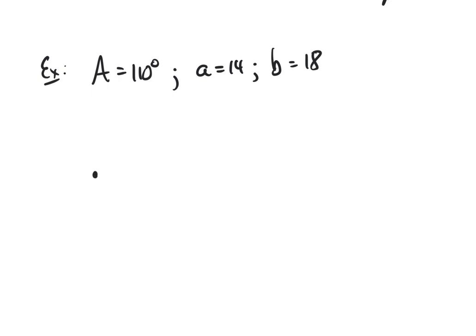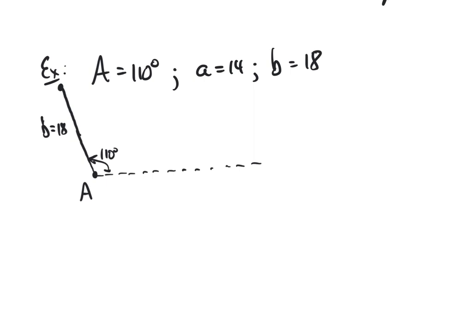We start with angle A. Angle A is made up of side B and side C. We're not given any information about side C, so initially we make side C an indeterminate length. The other side that makes up angle A is side B, which is 18 units long, so we draw it so that our angle is 110 degrees and side B is 18 units long.